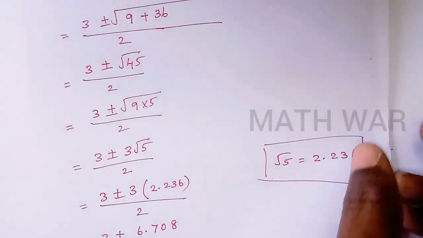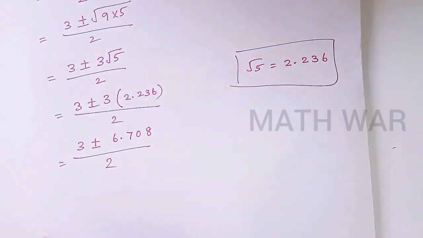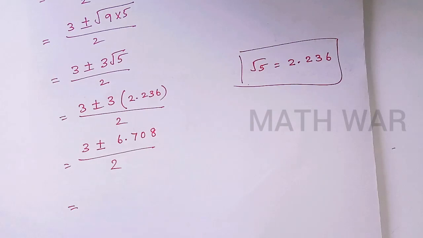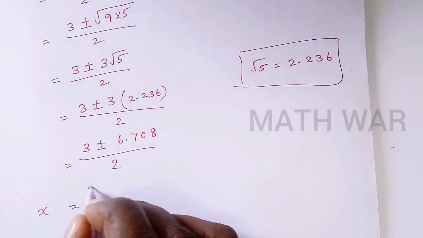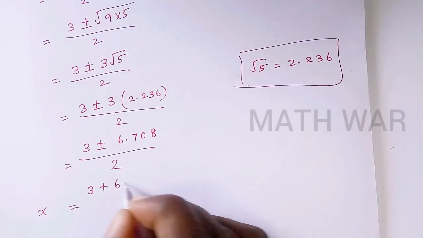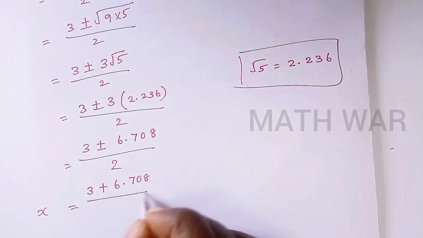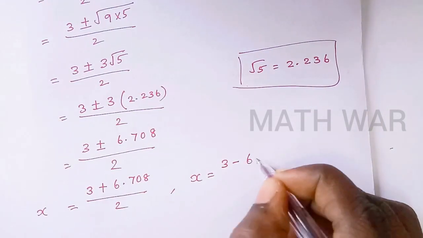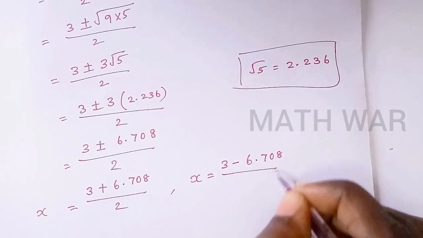Calculations are your part, you have to do it. So x is equal to 3 plus 6.708 by 2. Another solution is x is equal to 3 minus 6.708 by 2.